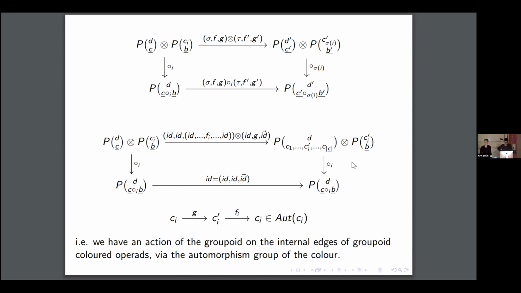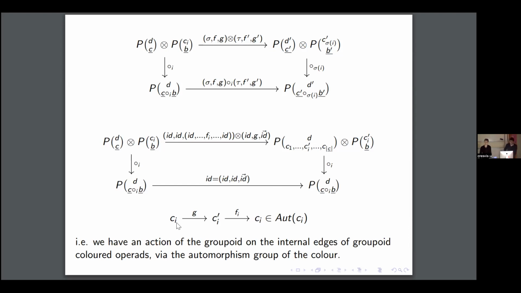And because this is a groupoid colored operad, this composition is only defined if they're the same color. So this tells us that our isomorphisms G and Fi must meet at some new color C prime i. So G is extending the sole output of Ci to some new color C prime i, and Fi is extending the sole input over here via an isomorphism and then back to Ci.